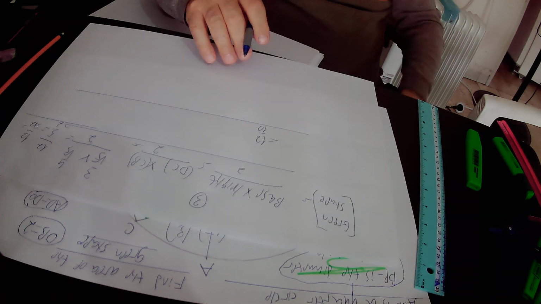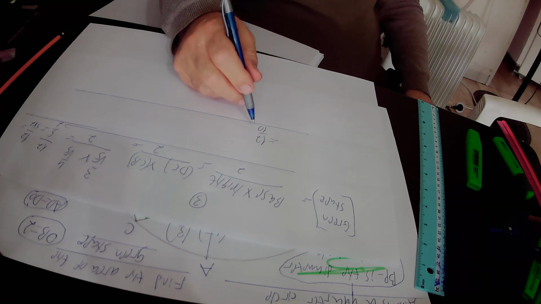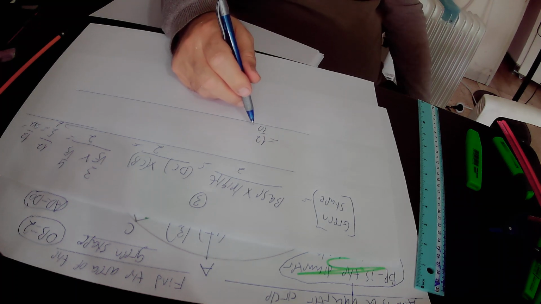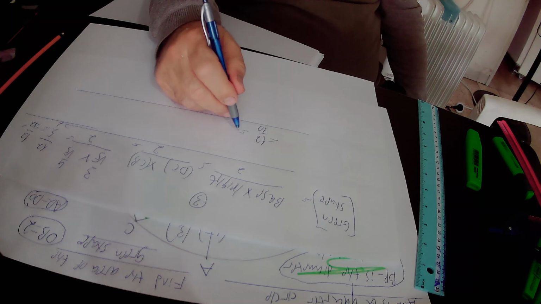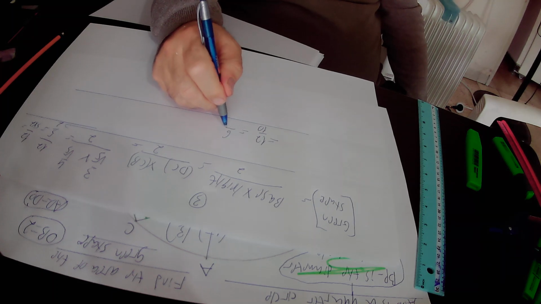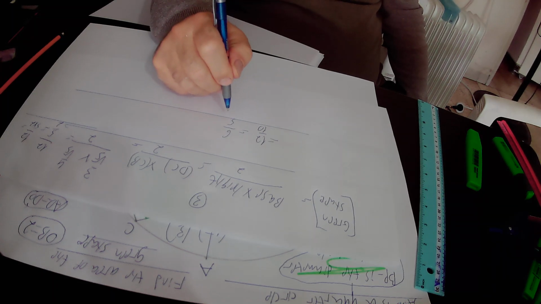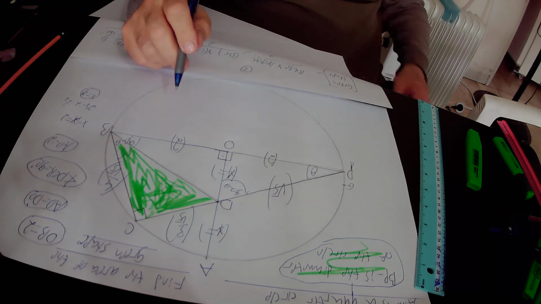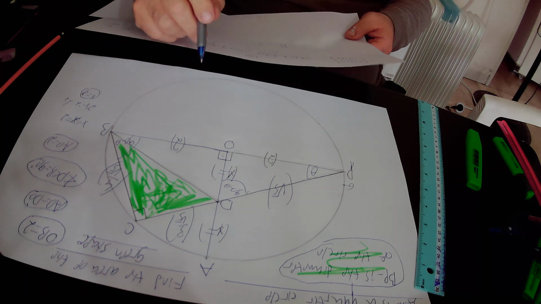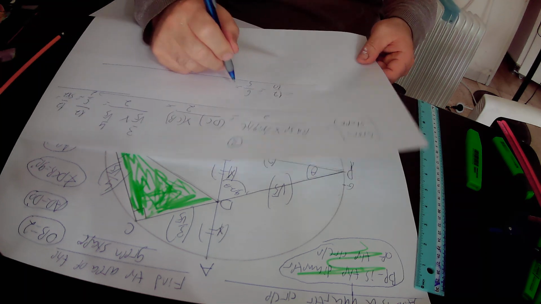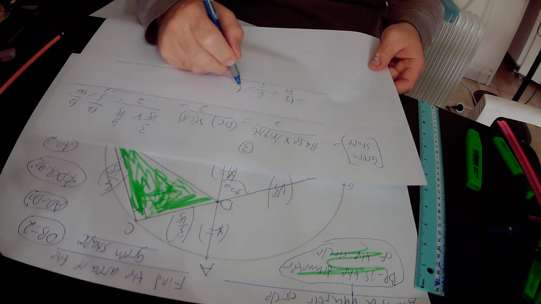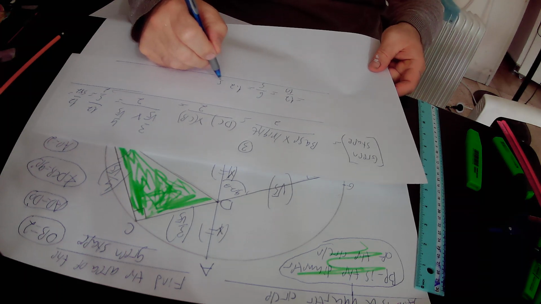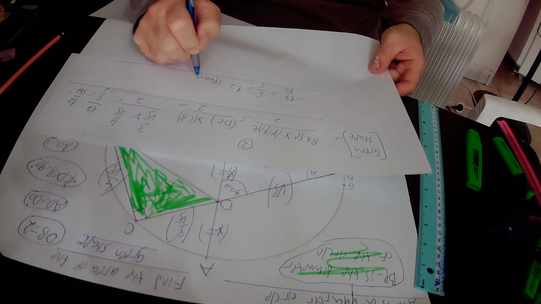Here we divide both the numerator and the denominator by 2, and we get that 12 over 2 is 6 and 10 over 2 is 5. So actually we found out that the area of this green shape equals either 6/5 square units, or in terms of numbers, 1.2 square units.